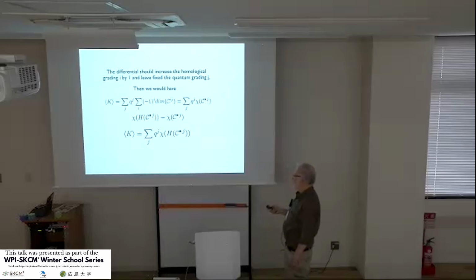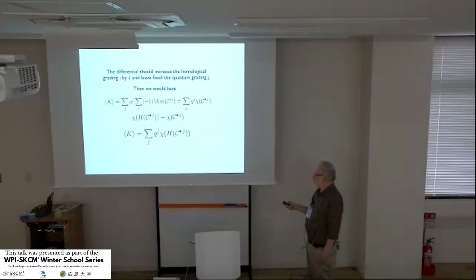And then we would have that the bracket is equal to the sum of q to the j times the Euler characteristic of some homology. Now that homology is going to be the Khovanov homology, and it's going to be invariant, and the bracket is not. It's more general than the bracket, but the bracket can be retrieved from it by taking a graded Euler characteristic, where the grading comes in, because there are a lot of different homologies, one for each j, and you add them all up.